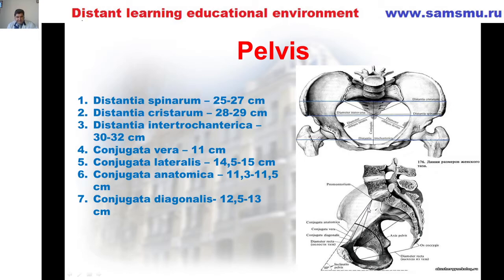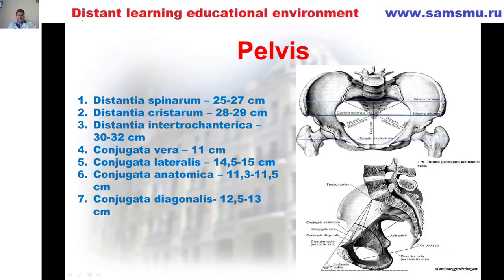So you may see conjugata anatomica, it's the upper conjugata. You also may see conjugata diagonalis and conjugata gynecologica, which is usually 11 centimeters.